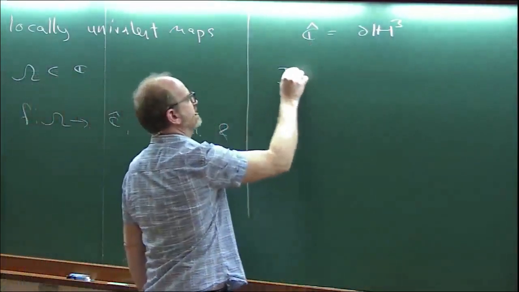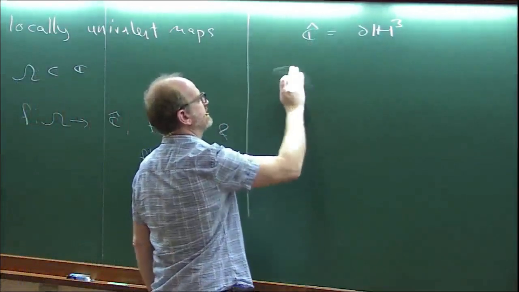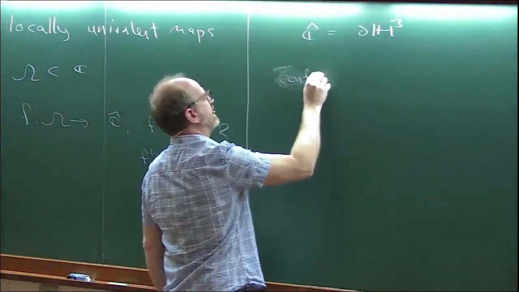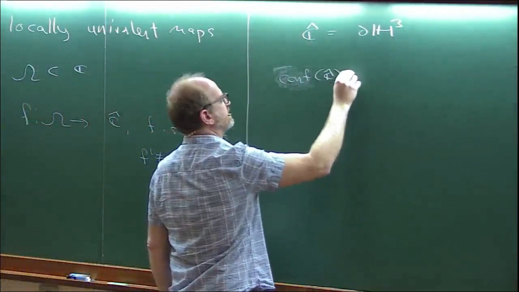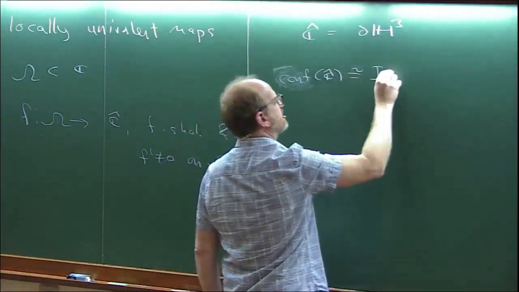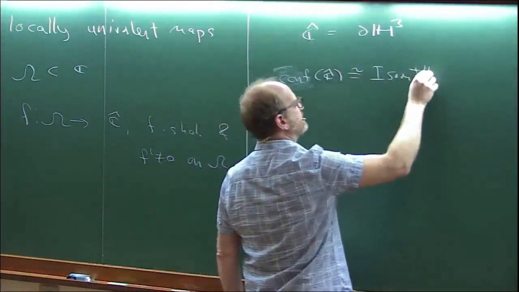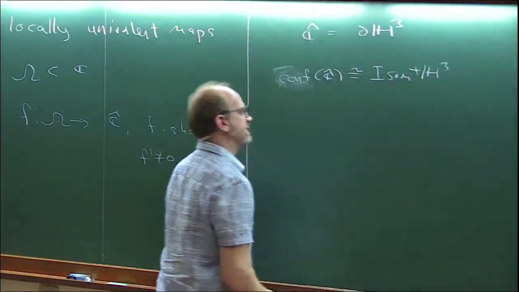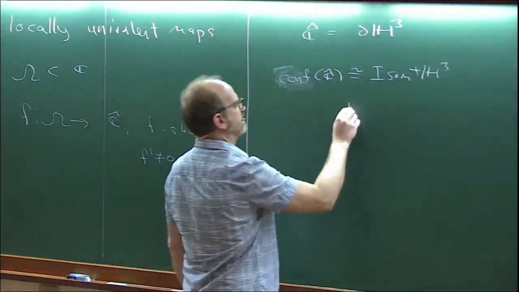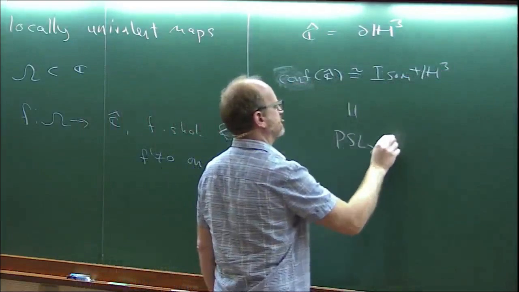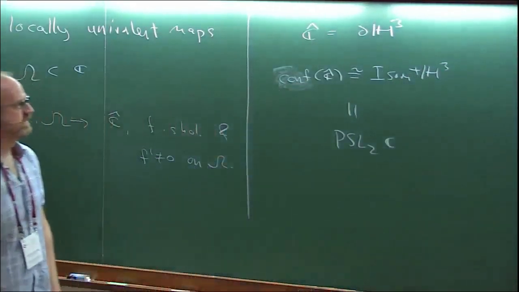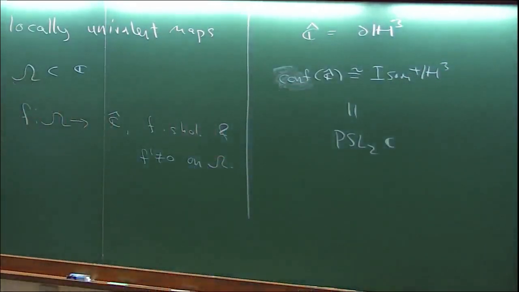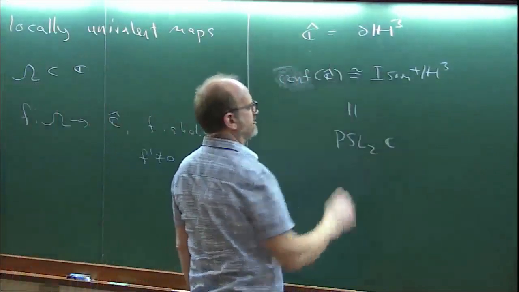Let me write it this way: conformal automorphisms of the Riemann sphere are isomorphic to orientation preserving isometries of three-dimensional hyperbolic space, and these are both the same as the Lie group SL2C. Okay, so this is one natural association between these two objects.